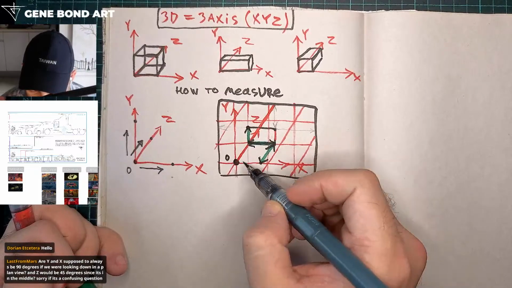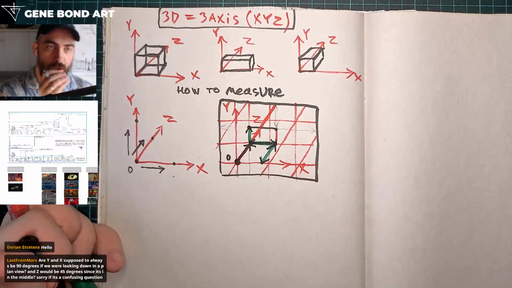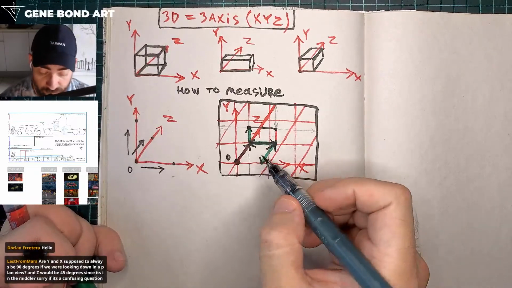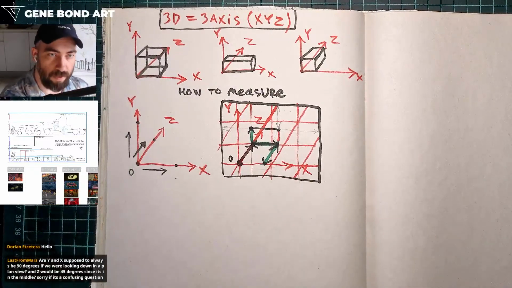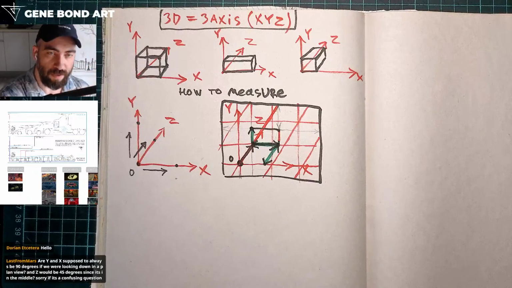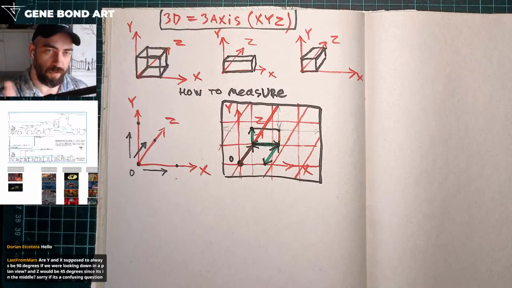So I can see how it's being moved from this zero, its natural position. It's how far it is in the depth, how high it is in the vertical height, and how far it moved to the right or left side.